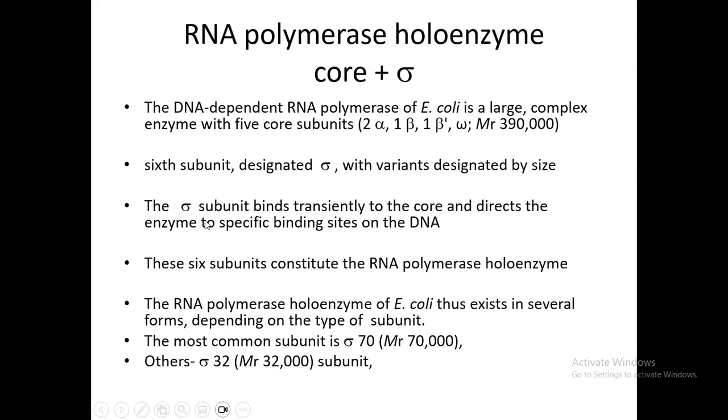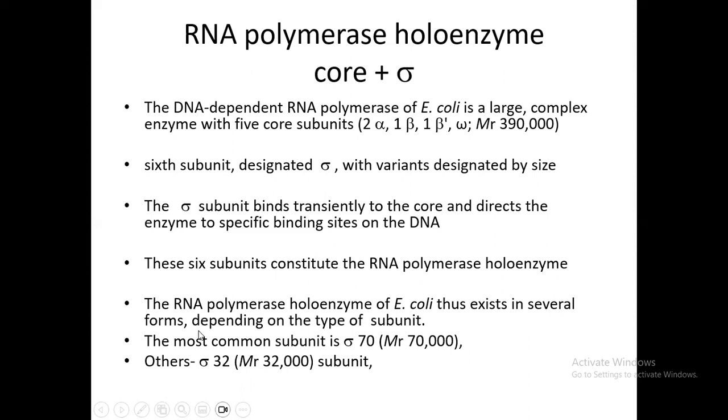The sigma subunit is only transiently associated with the core RNA polymerase, and it directs the enzyme in identifying which sequences to be transcribed, or where specifically to bind to the DNA. These 6 subunits together form the RNA polymerase holoenzyme, also known as the RNA polymerase complete enzyme.